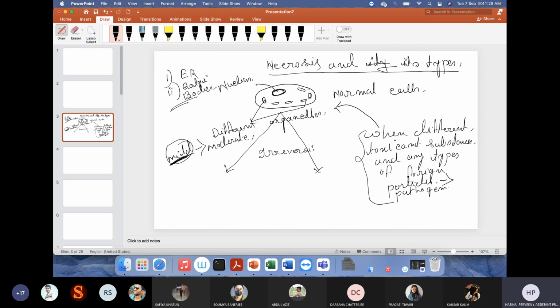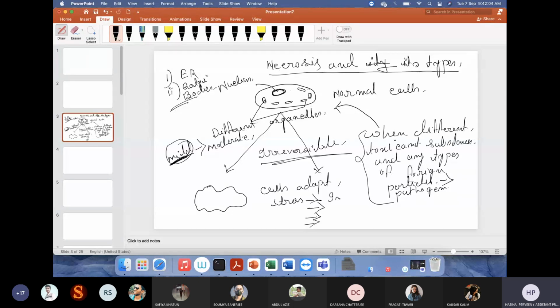Already discussed in previous classes. But what happened? Different types of organelles are already present in our normal cells. But when different toxic substances enter, then cells adapt to stress. This stress condition has different types of causes.